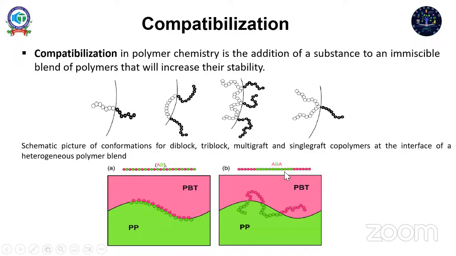This is nothing but a compatibilizer, which is compatibilizing both the polymers. How is it compatibilizing? By such triblock type copolymers, by acting along the interface. This is the interface of the two different polymers.